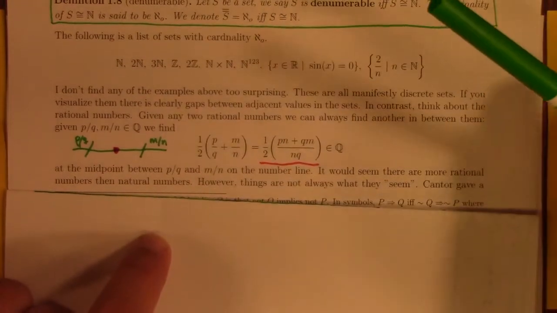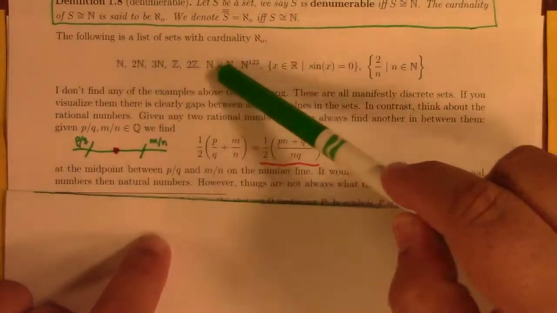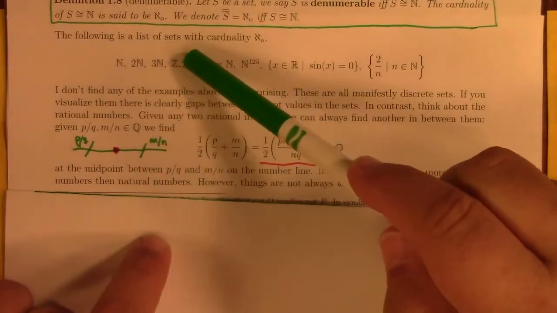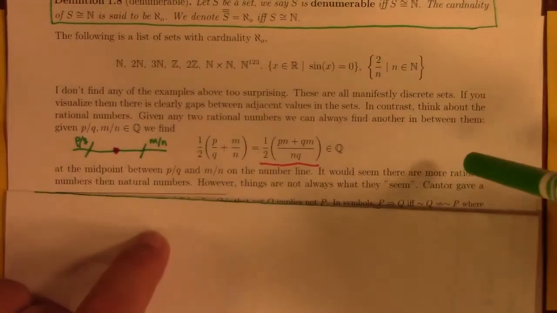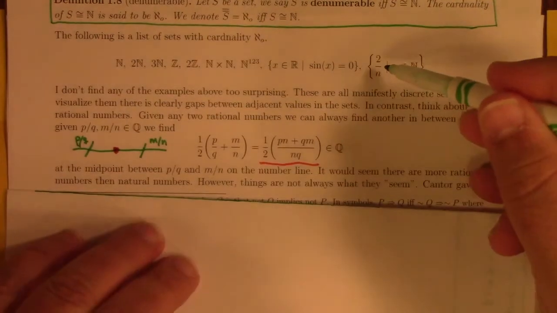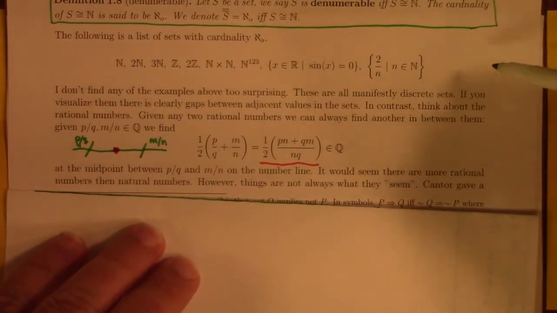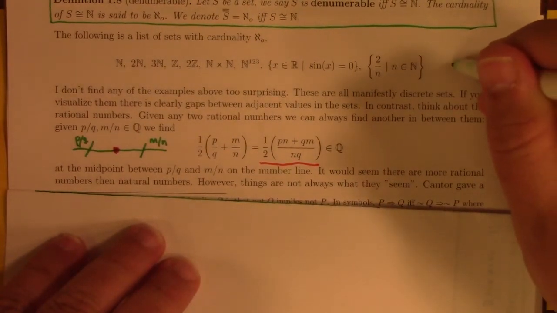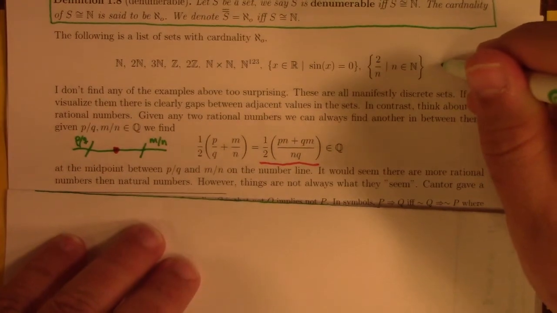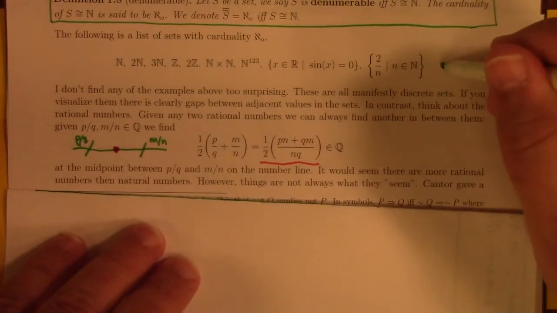So rational numbers are not like these guys in the sense that these guys are kind of spread out. If I was to make a picture of these, they're for the most part spread out. Admittedly, this sequence 2 over n is kind of bunched up when n goes to infinity. Maybe these are not discrete.